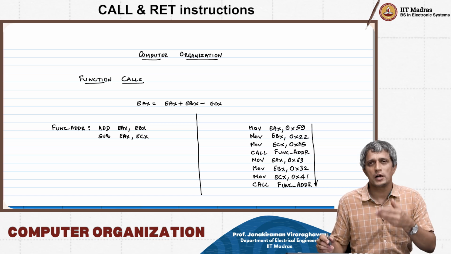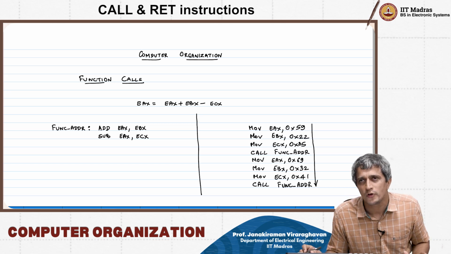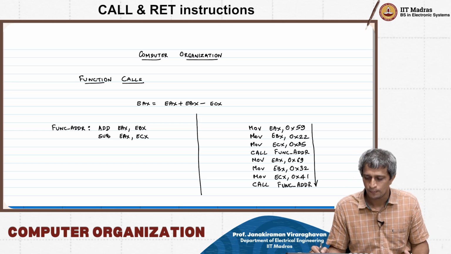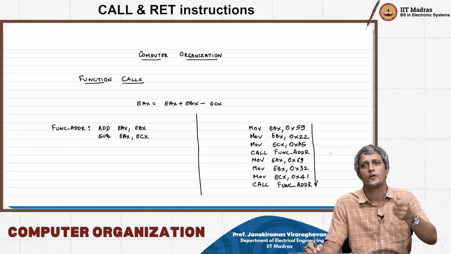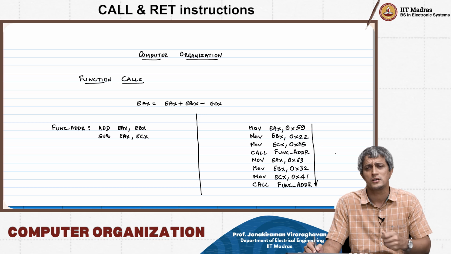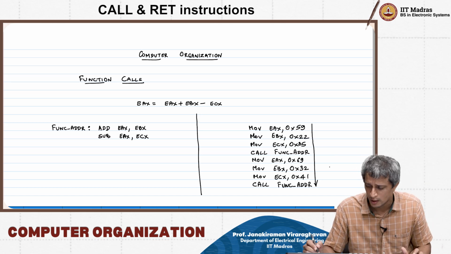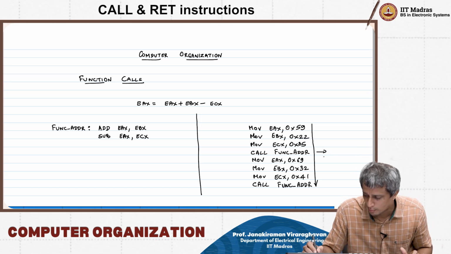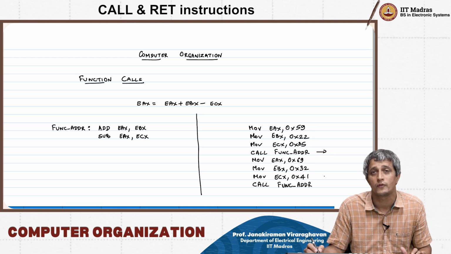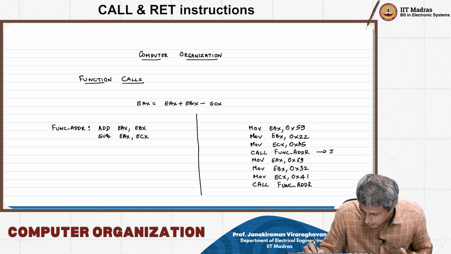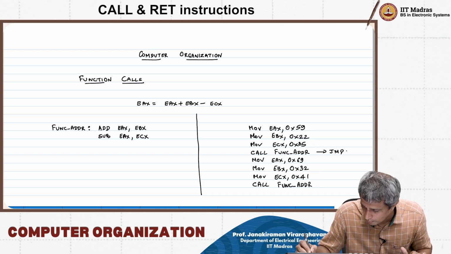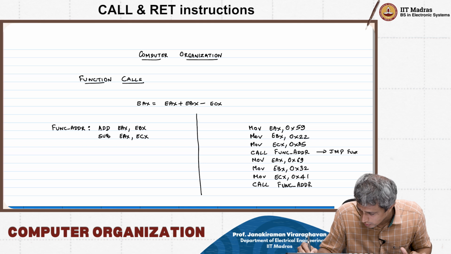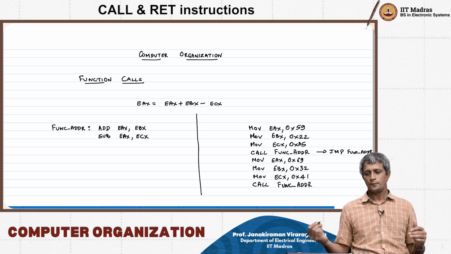Now, what is the most rudimentary way of implementing this call? The call is very easy, right? I just need to transfer control to another location called FUNC-ADDR. So ideally, the most rudimentary implementation of this call would have been an unconditional jump, right?